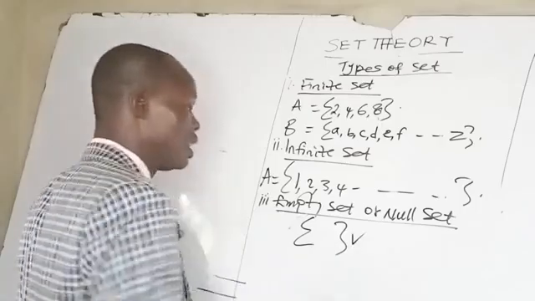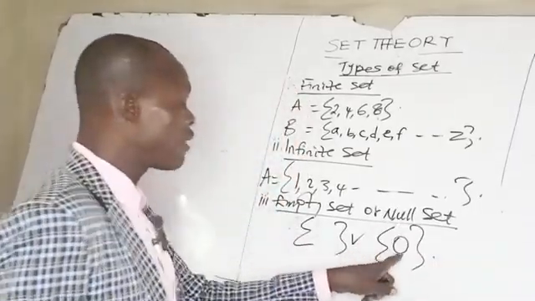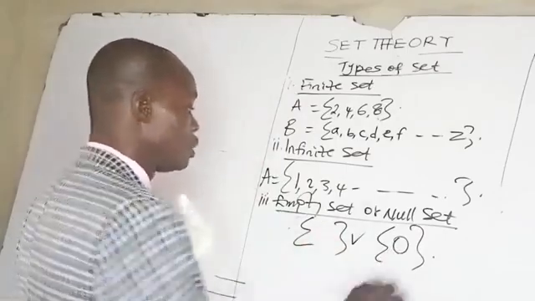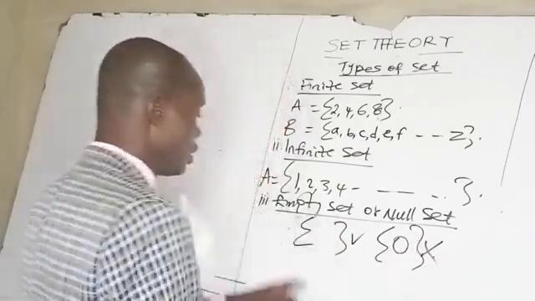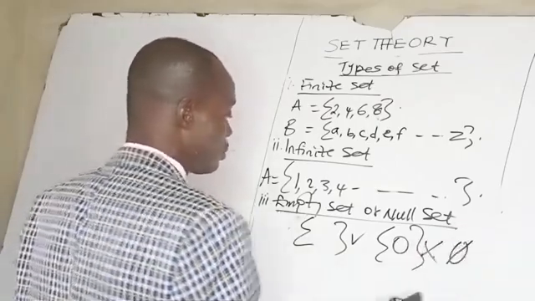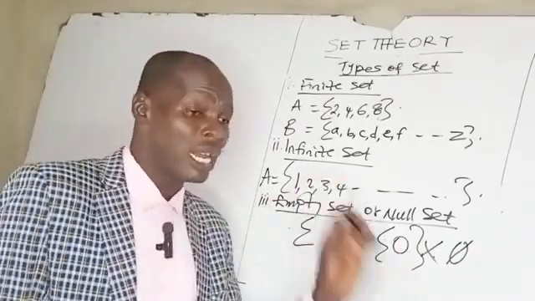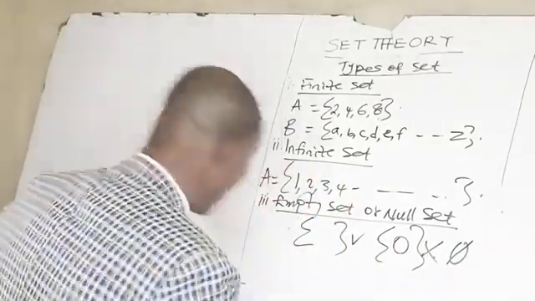This is correct. It is wrong to write it as this, which has element 0. You may equally write it as this. So an empty set or null set is a set without element or member.